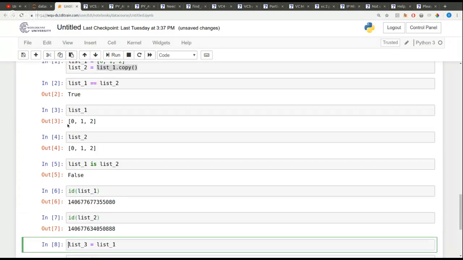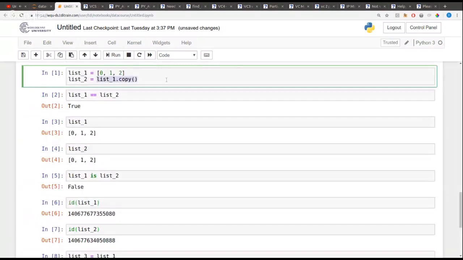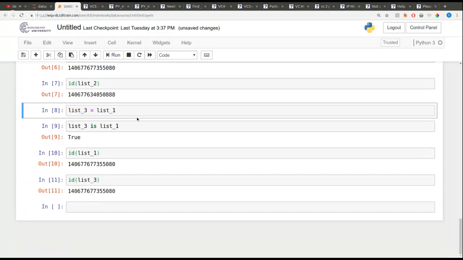So list 2 is not, because it's a copy. I made a new object that was a copy of list 1. But list 3 and list 1 are the same. So it's the difference between equality and identity.